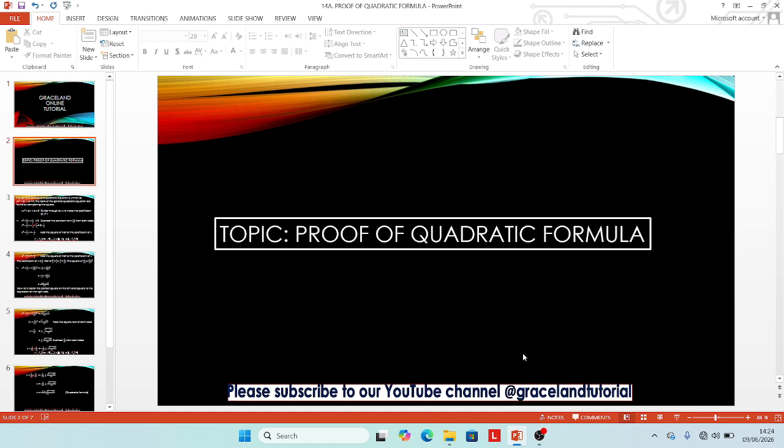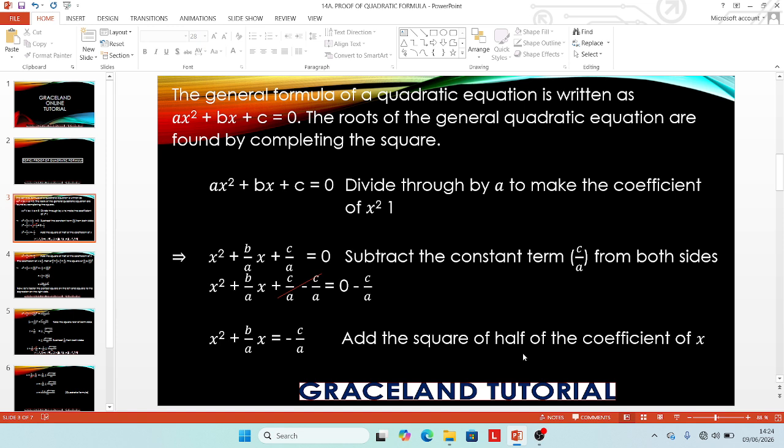Our topic today is proof of quadratic formula. To prove the quadratic formula of a quadratic equation, we are going to use this general formula: ax squared plus bx plus c is equal to 0.